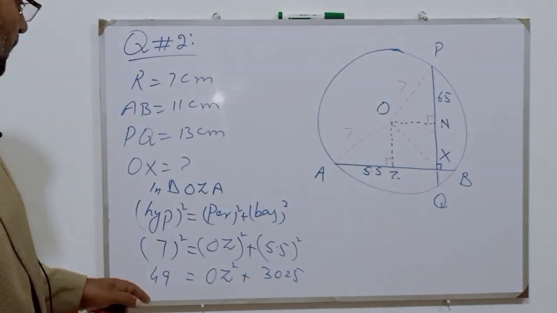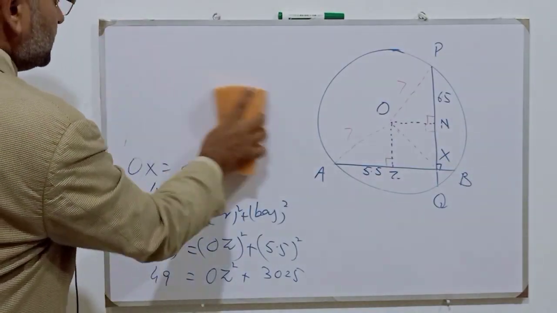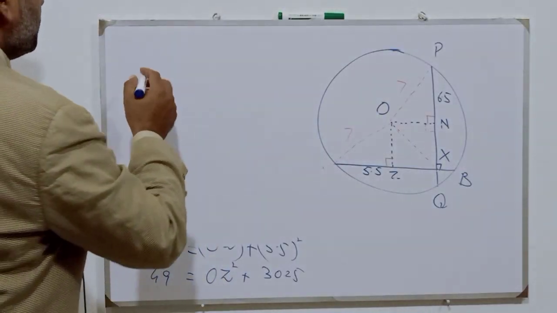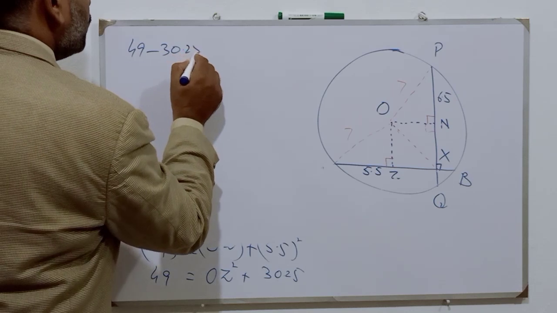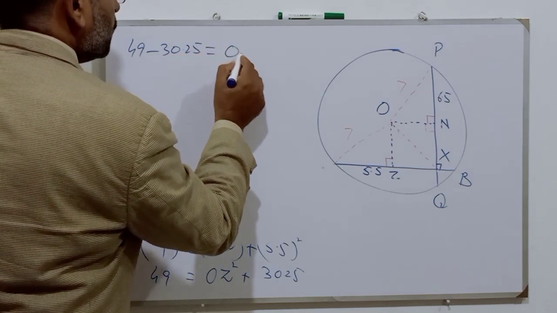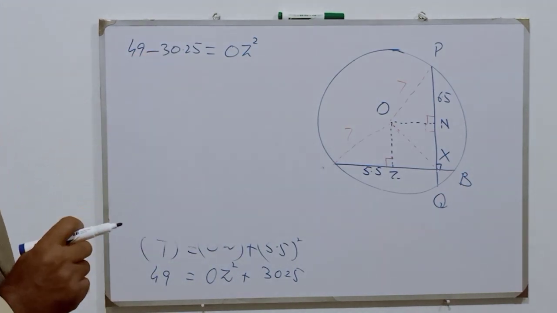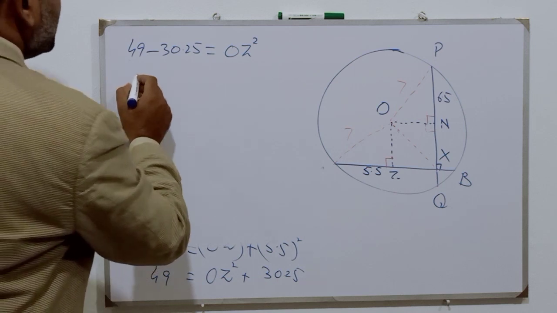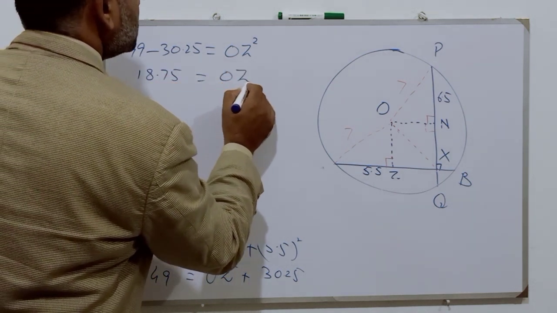When we transfer it to other side, it will become minus, and I will write it as 49 minus 30.25 is equal to OZ square. Subtract 30.25 from 49 and we will get 18.75 is equal to OZ square.